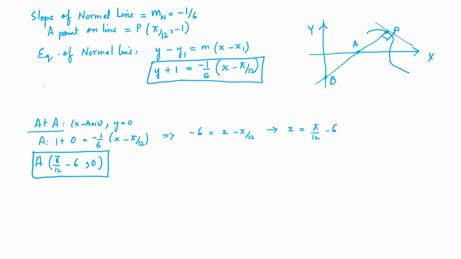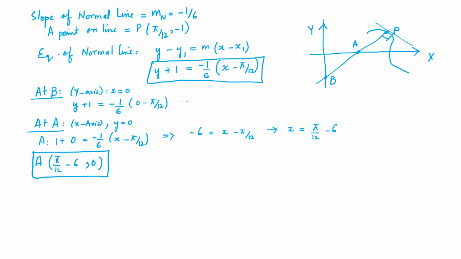Similarly, let's say at point B, we have the y-axis. It means that x is equal to 0. So at B, we have y plus 1 is equal to minus 1 by 6, 0 minus pi by 12.